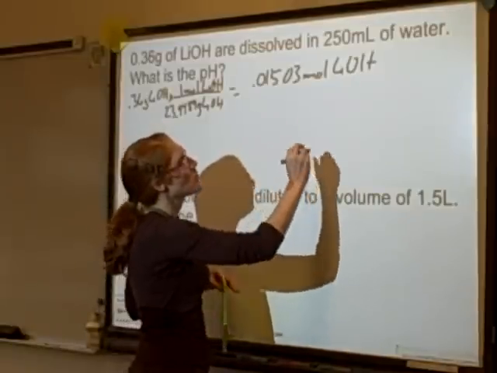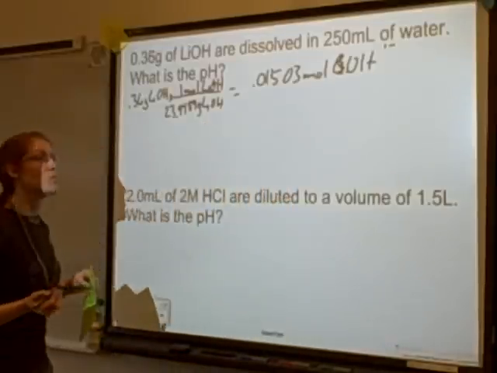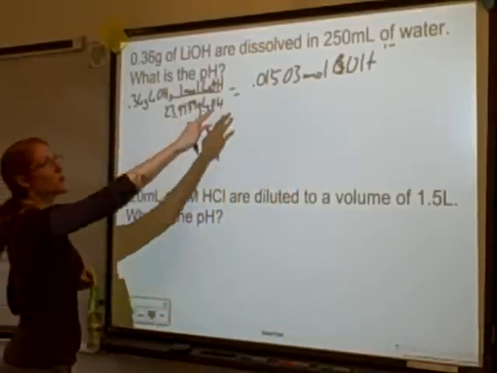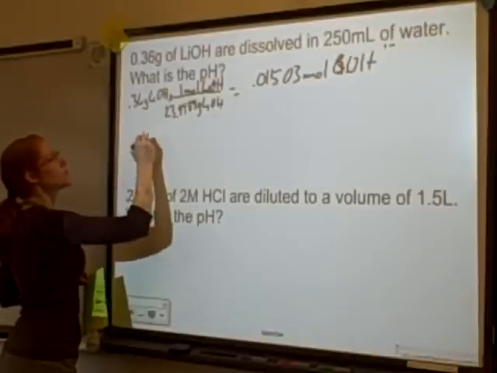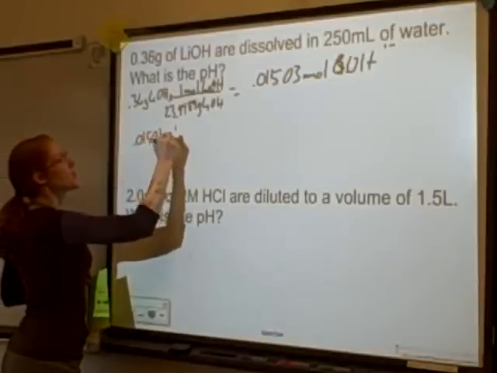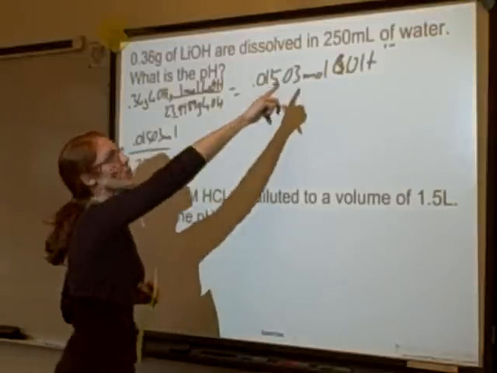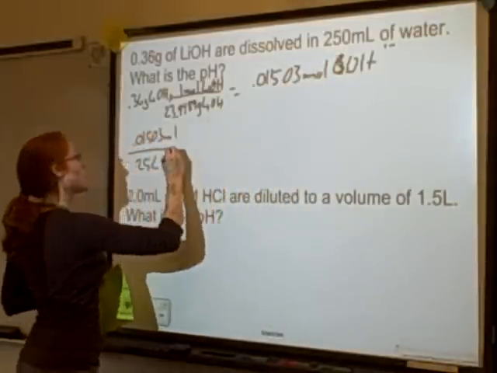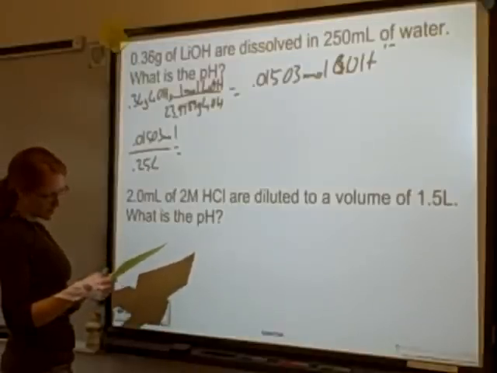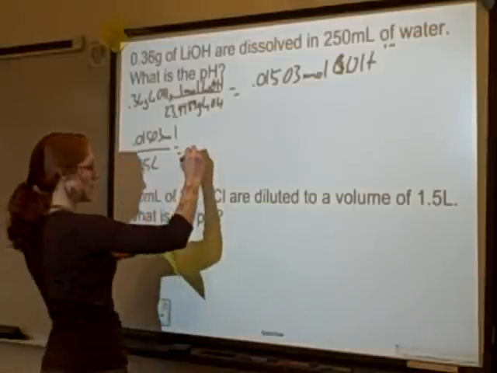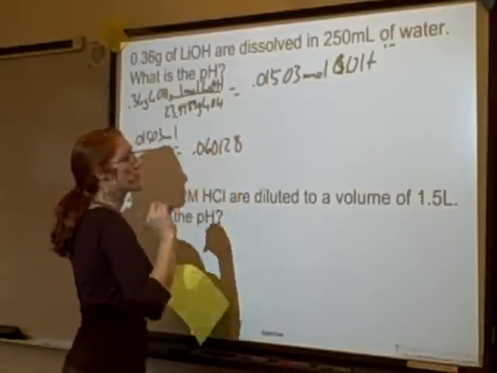So if there's this many moles, there's really that many moles of hydroxide floating around. So let's get the molarity of this hydroxide. It's going to be the moles divided by the liters. So 0.01503 moles of hydroxide in 0.25 liters. That's 250 milliliters divided by 1,000. So the molarity is going to be 0.060128. It's the molarity of the hydroxide.